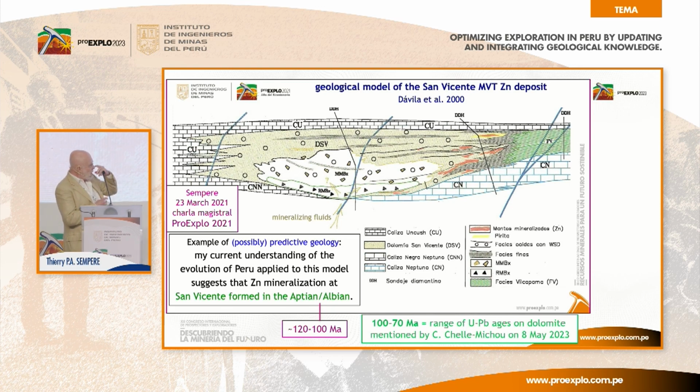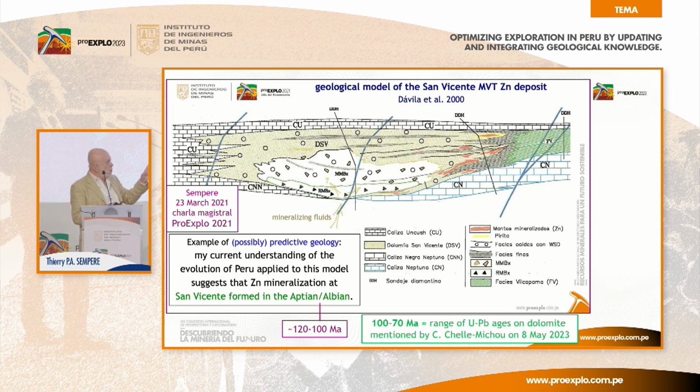This is a slide that I showed at the keynote speech that ProExplo invited me to in 2021, I remember, and it was about San Vicente. Thanks to the San Vicente structure, I was giving an example of predictive geology here.